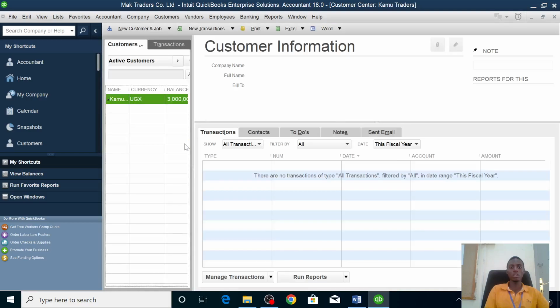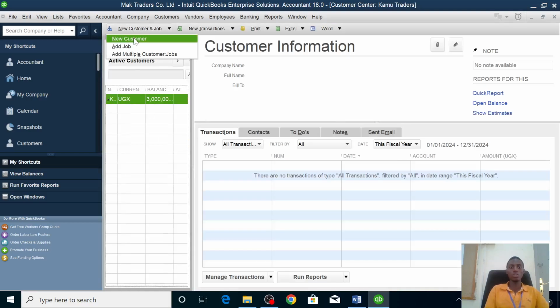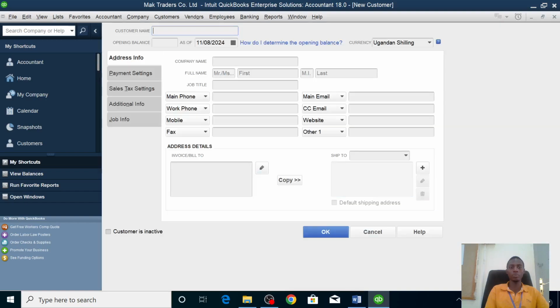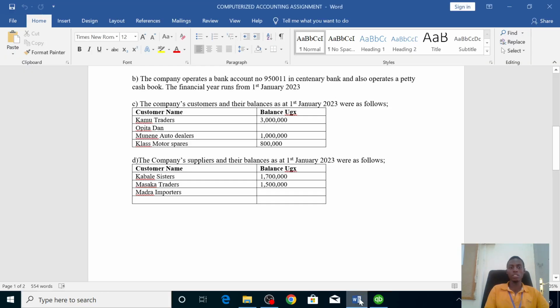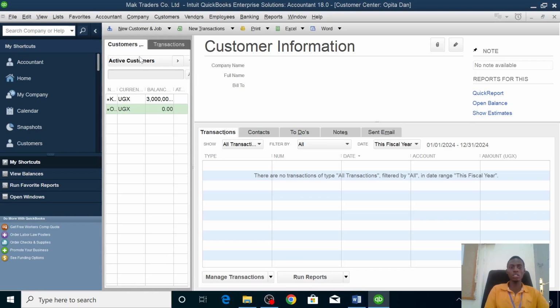Then I say okay. My next customer is Opita Dan. As of 1st January 2023, I say okay. Then my next customer is Munene Auto Dealers.